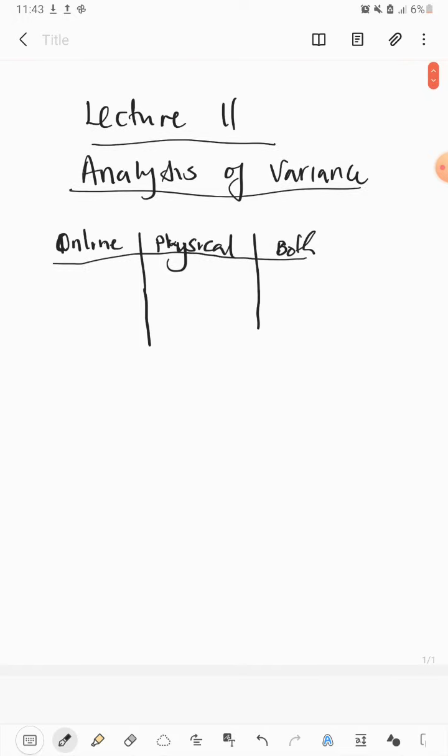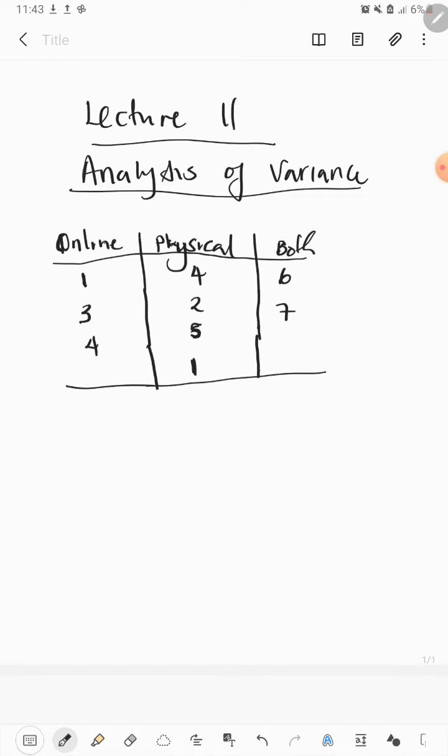Maybe a test out of 10: the online group gets 1, 3, 4, then physical gets 4, 2, 5, and both gets 6 and 7. So we have that table.